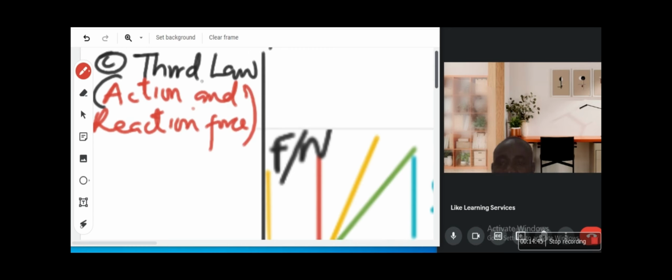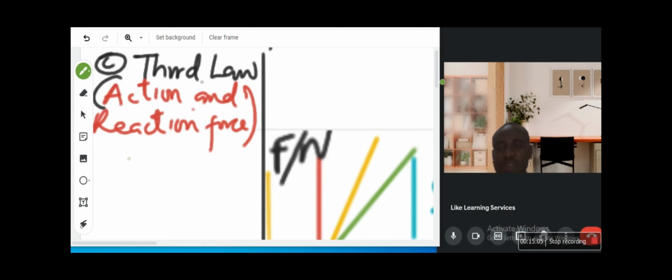This third law is basically saying that if there is a force acting on an object, there will also be an equal force, but in the opposite direction from the object.